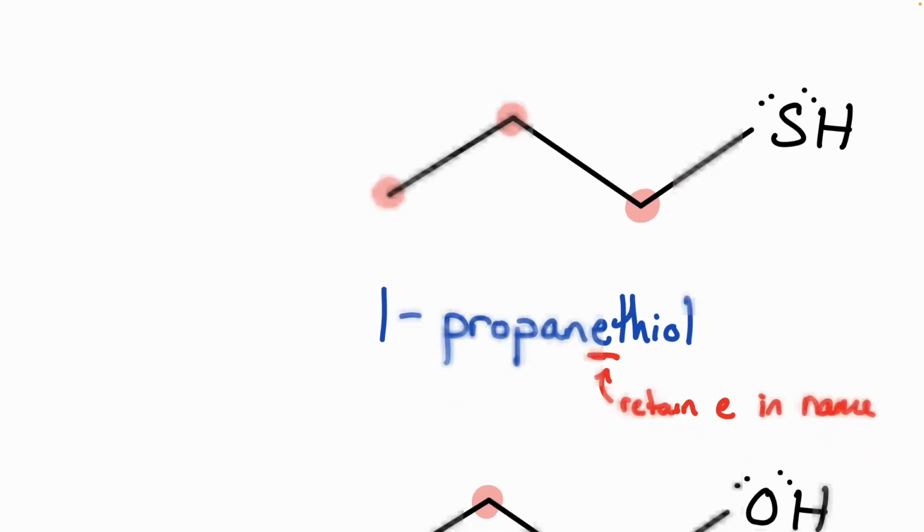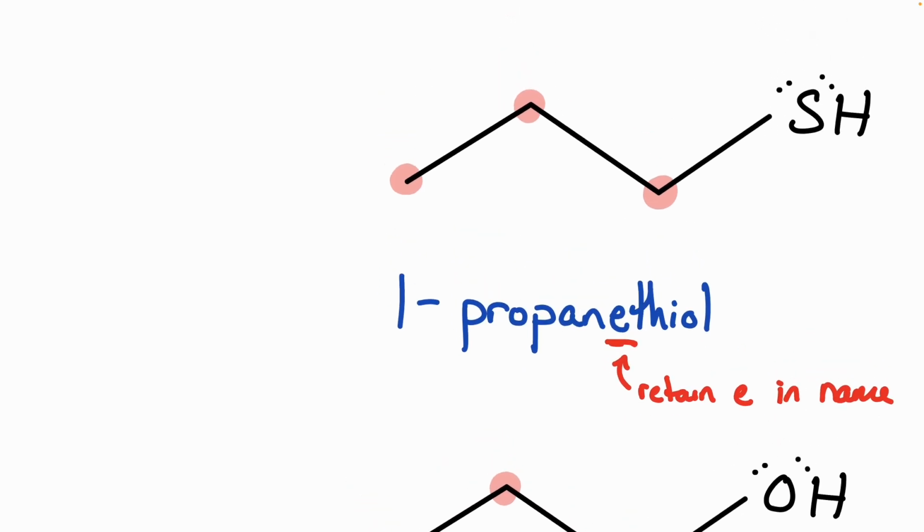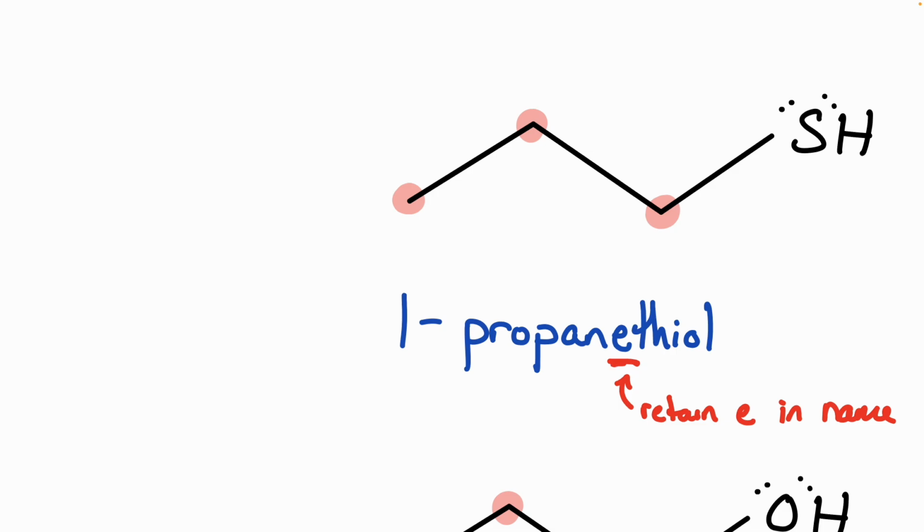Also, again, I have to include my 1 because there's such a thing as 2-propanethiol, and that's a different molecule, right? So we have our locant, but again, when we do our parent chain here, we have to include that E at the end. So everybody take a second and name this one for me.